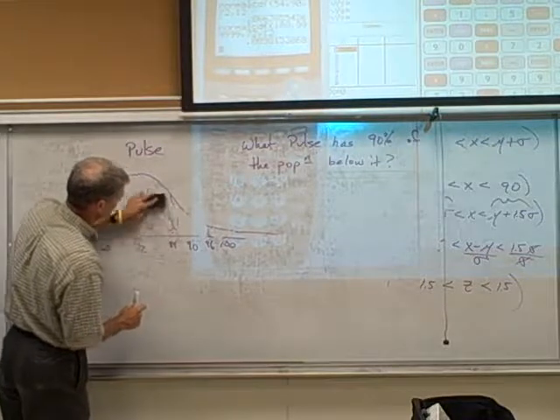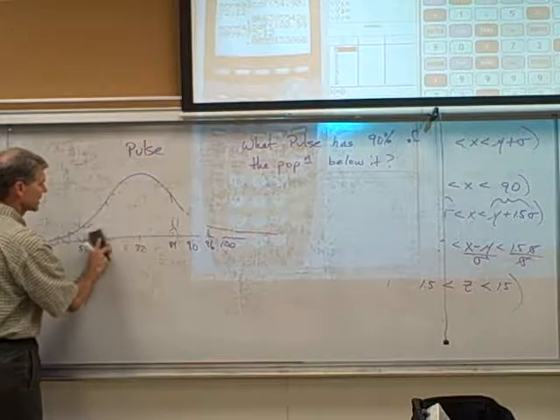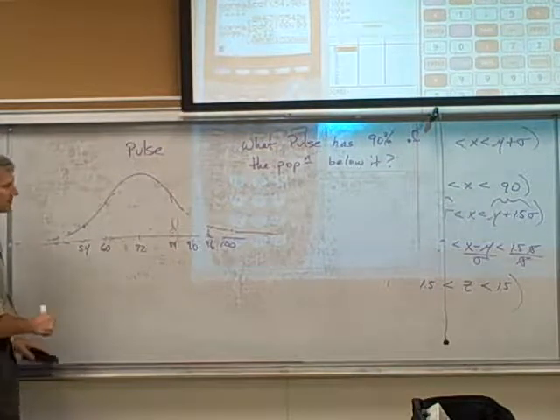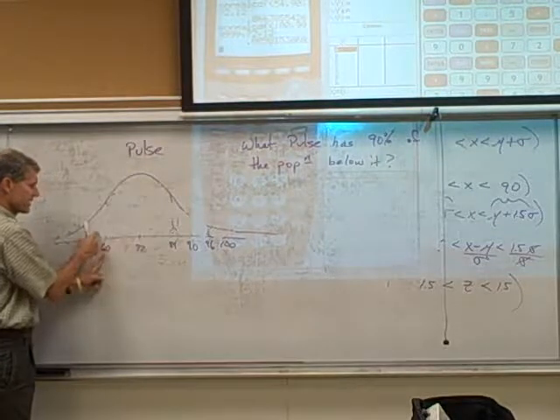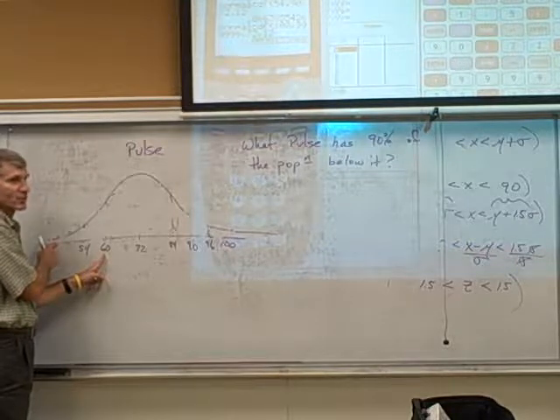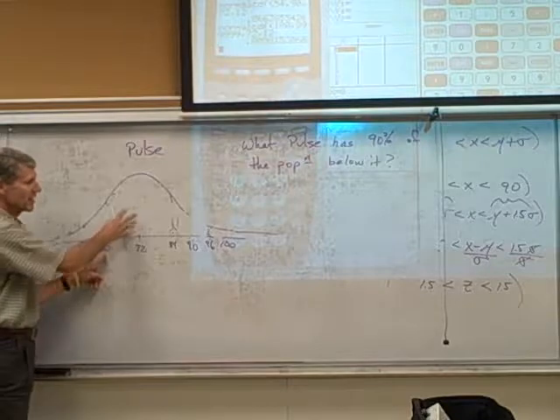But is it going to be clear down to 84? What percent is below 84? 68 down to here, and then another 16, and that's 84. So it's just coincidence that 84 has 84% below it. But it would be 84%.